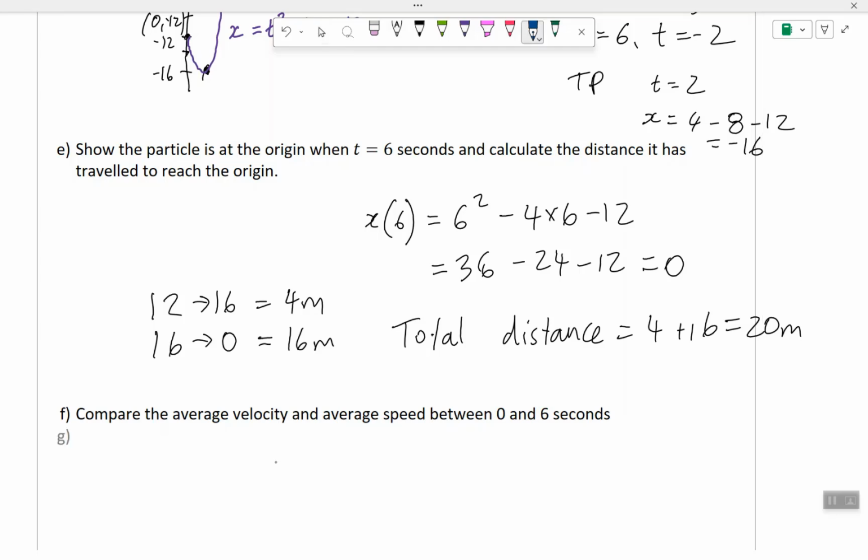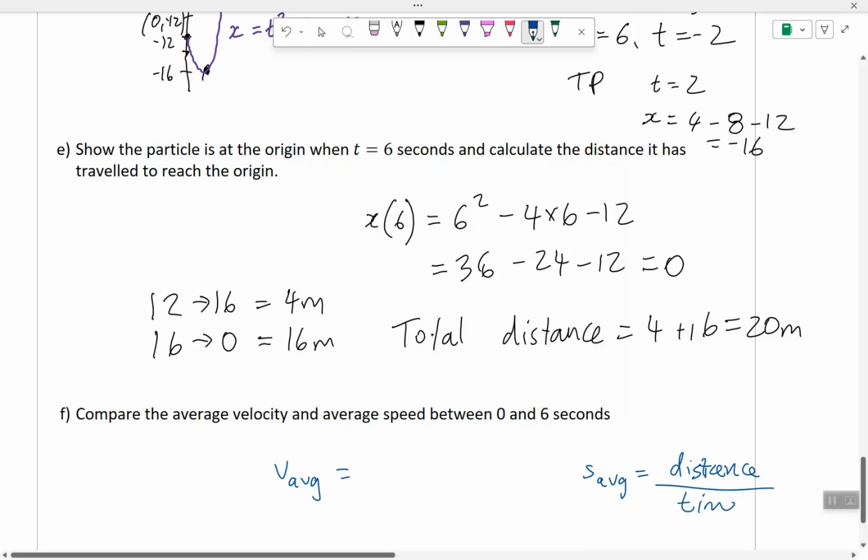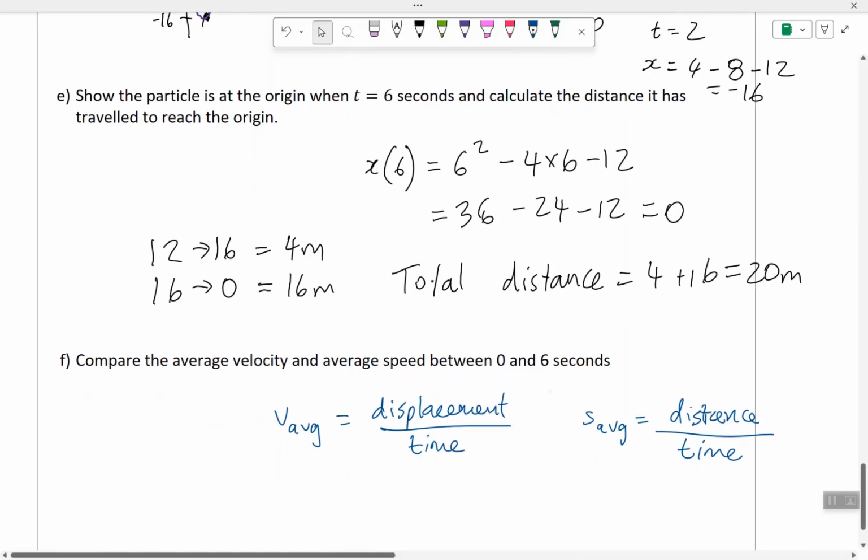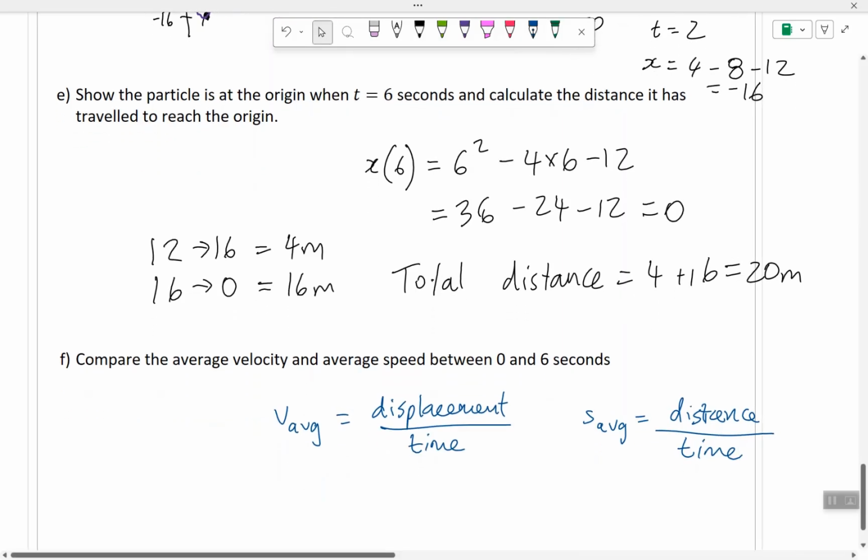So how do we find average velocity, average speed? This is where the distance displacement thing is coming in, right? Speed is distance divided by time. Velocity is displacement divided by time. Velocity is a vector, you're caring about the direction.